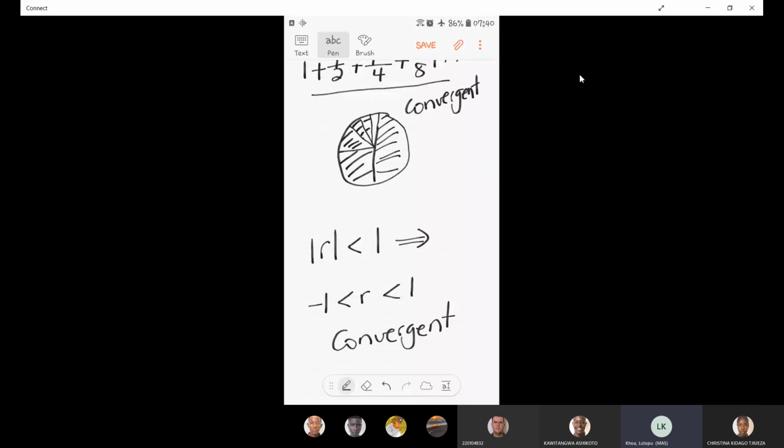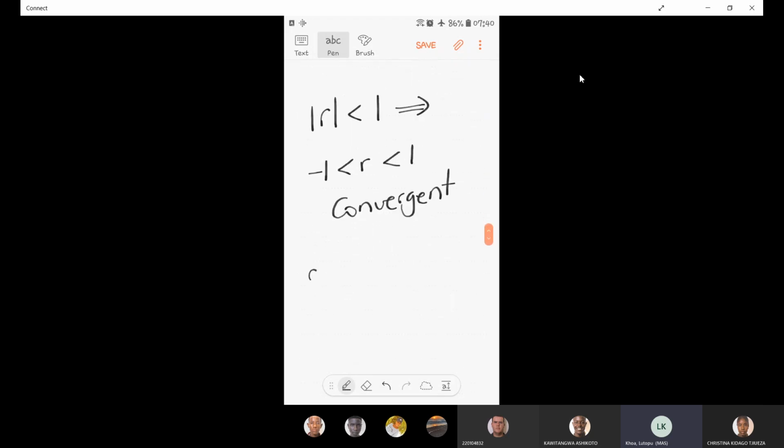Okay, so if on the other hand you have an r which is greater than 1, then your series does not converge to a specific number. So examples of those are these ones: 2 plus 4 plus 8 plus 16, and then I say what is the sum to infinity.